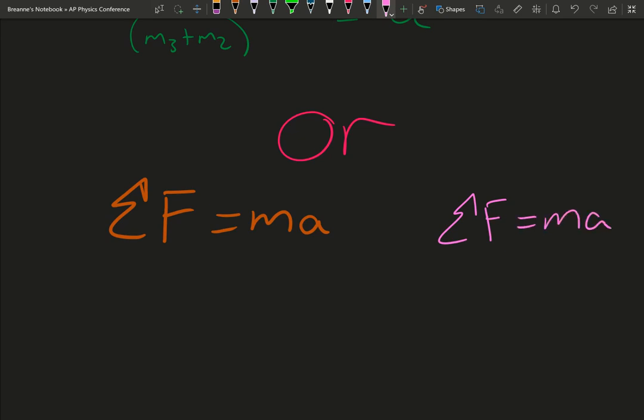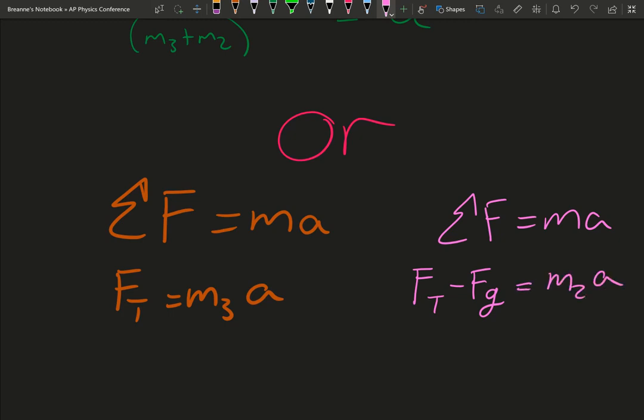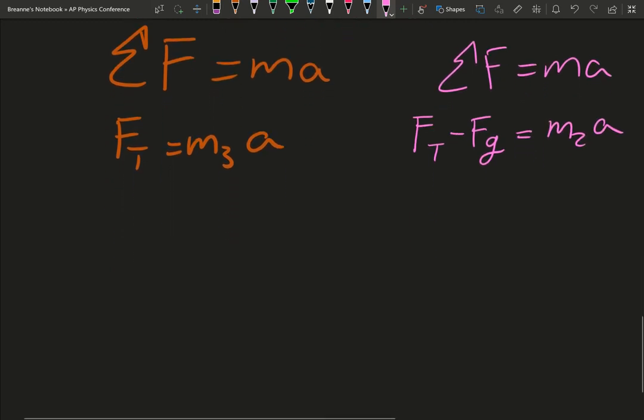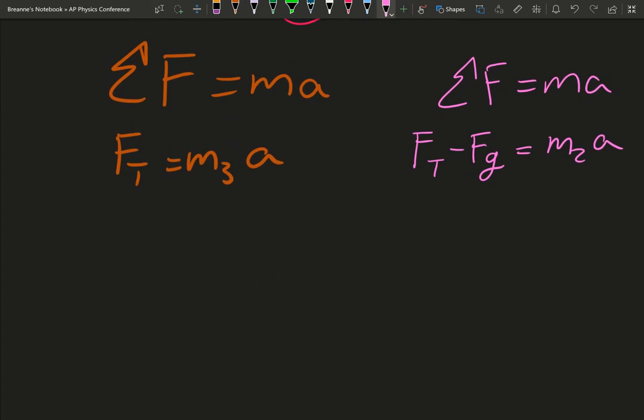Block 3 has only one force acting on it, which is the force of tension, so it's m3a. Block 2 has force of tension going up minus force of gravity going down equals m2a. The only thing they have in common is our a.